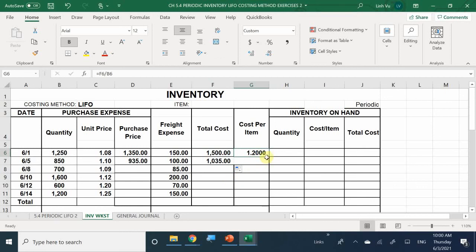Which then brings me to a total cost per item of 1.217.